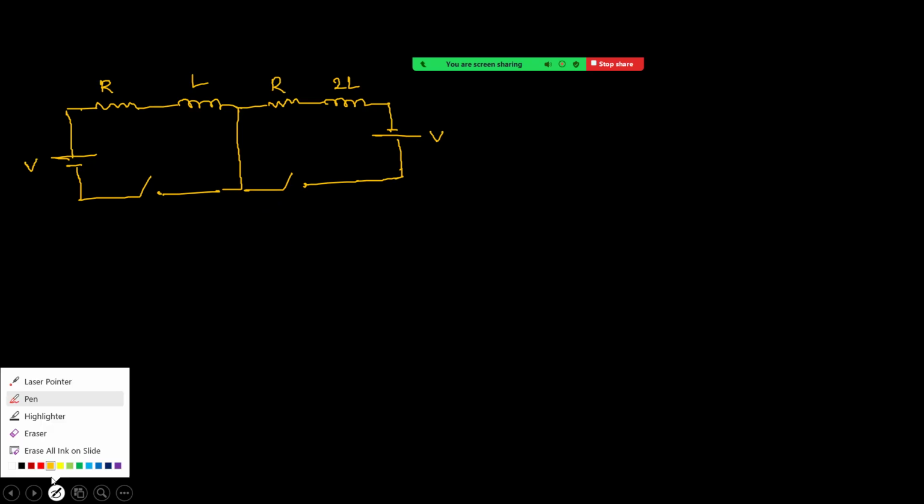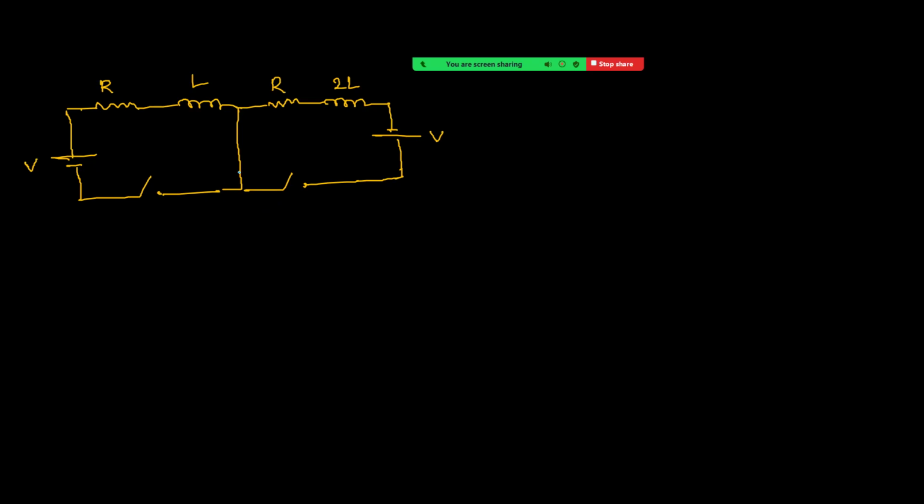In the middle wire, current is given as I. Okay, and he's asking the maximum value of I. I maximum how much? Okay, and this happens at time t equal to tau, and that value how much?